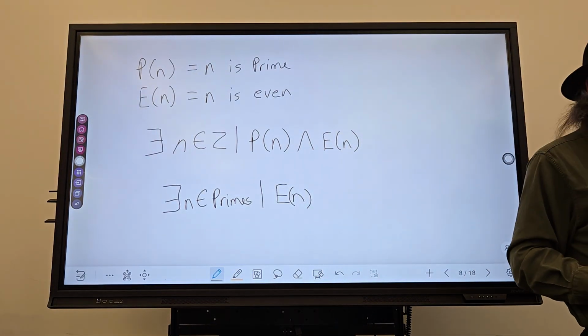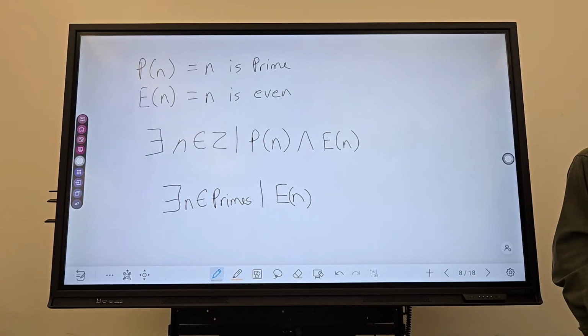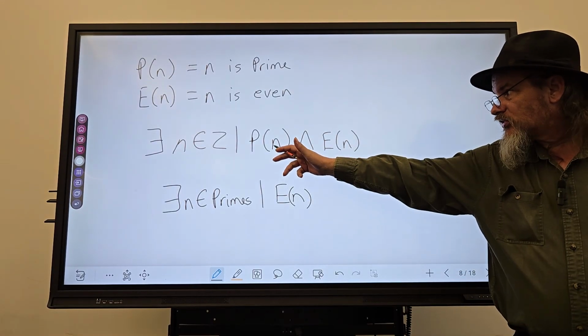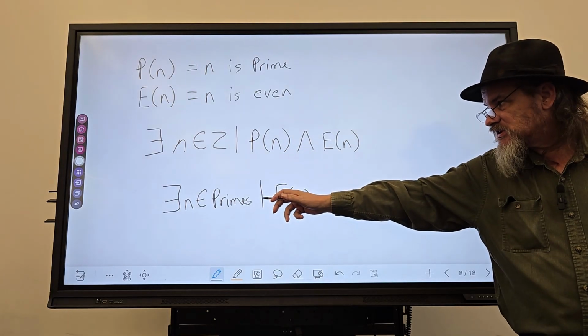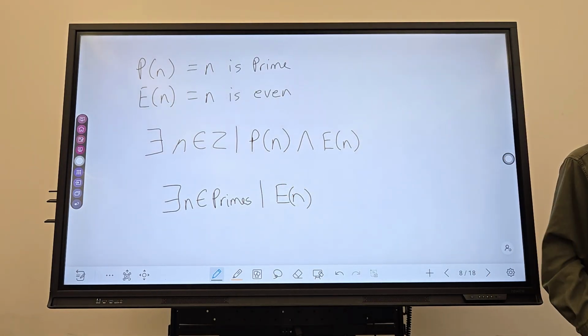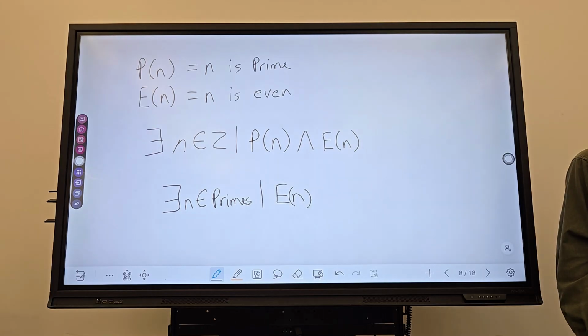Equivalent forms: just use the truth set of the first element as the domain in the second statement.